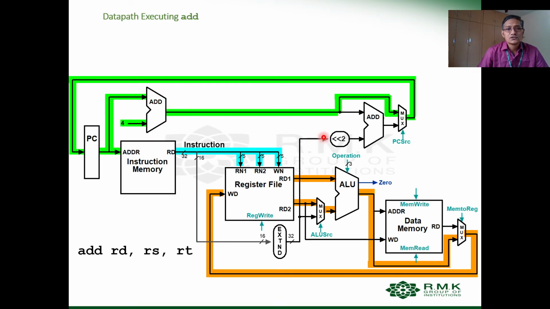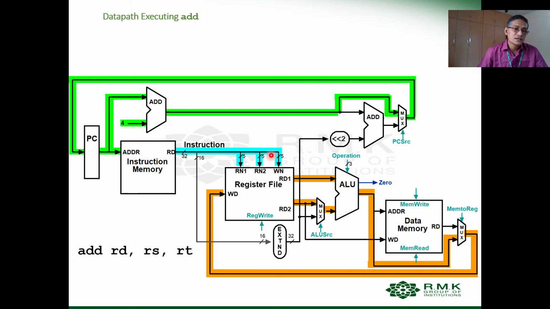Because it's an R type instruction, there is no involvement of this adder; directly PC equals PC plus 4 is taken and fed back to the PC again. This is the green signal path for PC equals PC plus 4, the upper portion. After that, the 32-bit instruction is fetched from the instruction memory.